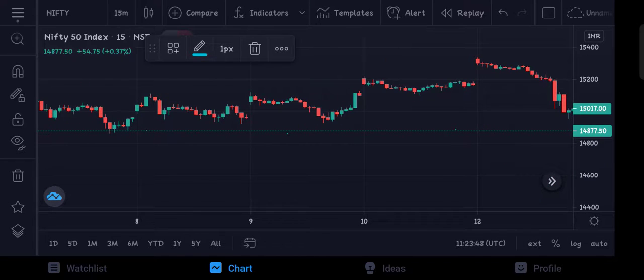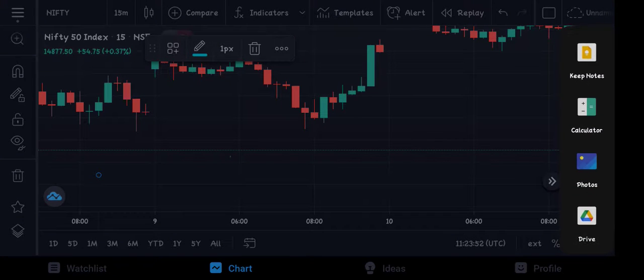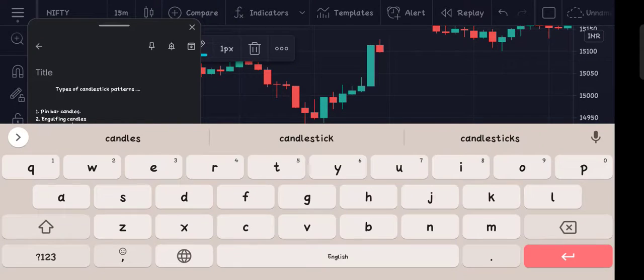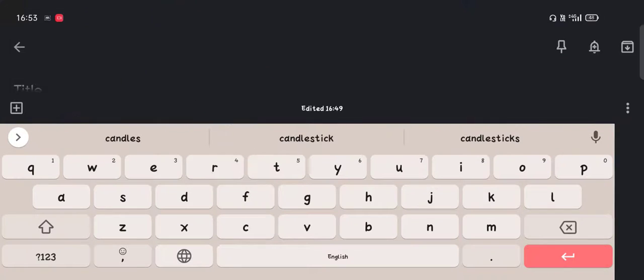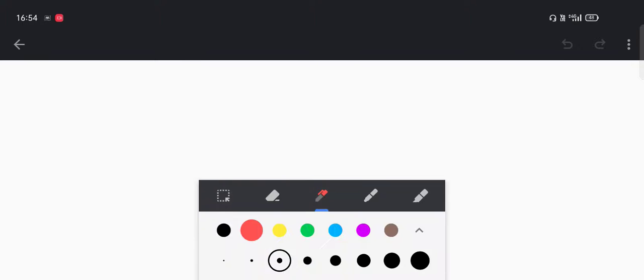First of all I will tell you about the basics. Let me draw some candlesticks. The color may be anything, color doesn't matter, you need to understand the meaning of it. I will give you an example. This is one candle.